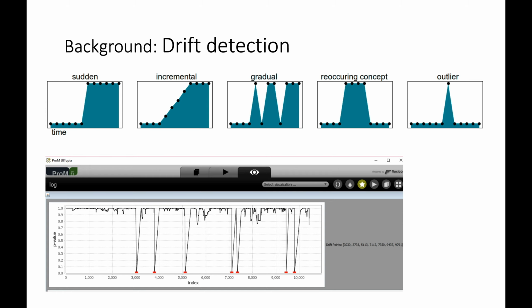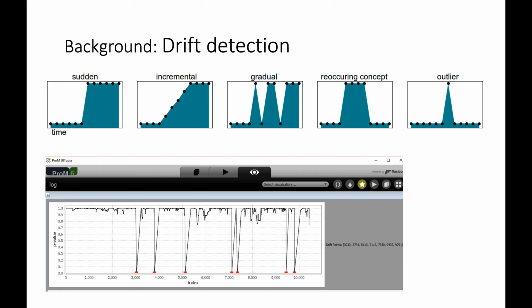The second pillar of our idea is drift detection. Usually drift detection, especially in process mining, is finding and pinpointing exactly the points where the process has radically changed. That is a sudden drift. More and more approaches also try to understand incremental drift, where the process starts to change and there is just a prospect for change towards some other way the process is executed, or gradual change, where sometimes it is done one way, sometimes the other, but usually there is a trend.